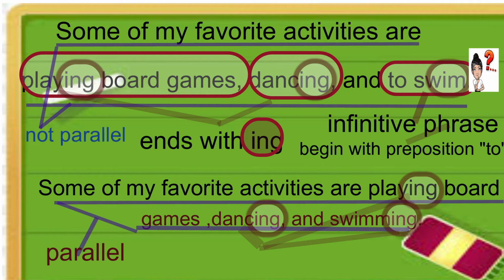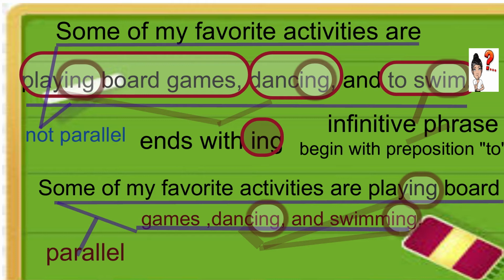Turn this sentence into a correct statement. It comes out like this. Some of my favorite activities are playing board games, dancing, and swimming. What did you observe? What was deleted? The word to, which is a preposition. Okay?